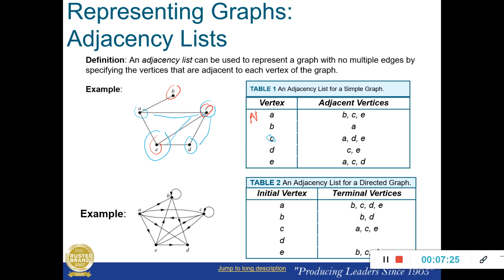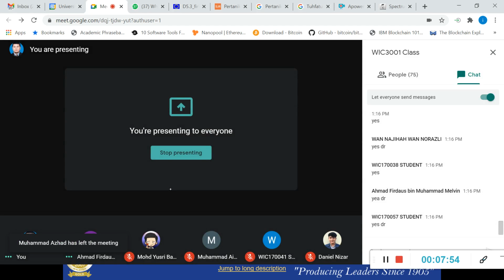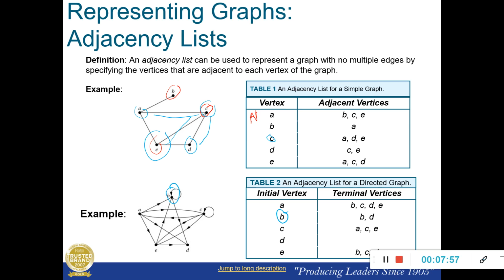And it's similar with the directed graph here. What is the initial vertex A? The terminal vertices are B, C, D, and E. How about B? B and D. So the only difference in the directed graph is, we take the example of vertex B here.